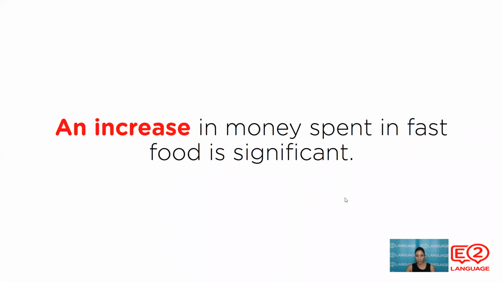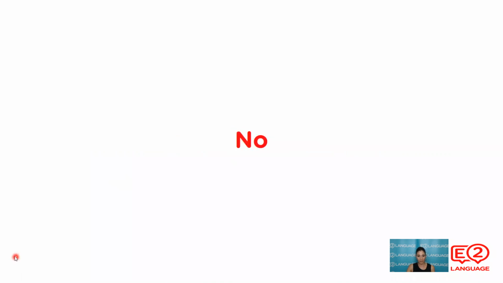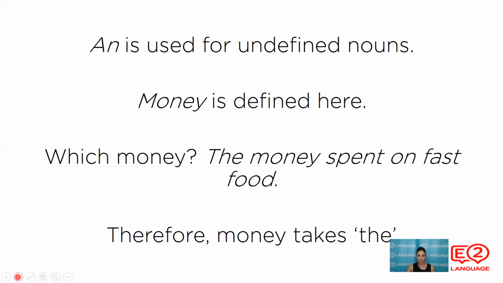Is "an" the correct article to use there? Okay, no, it's not. An is the incorrect article. Why? Why can't we use "an increase"?